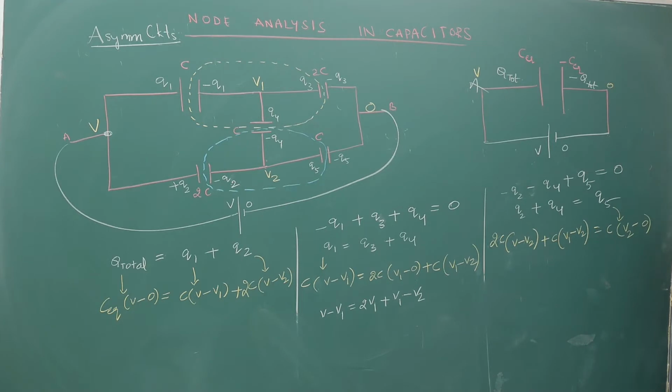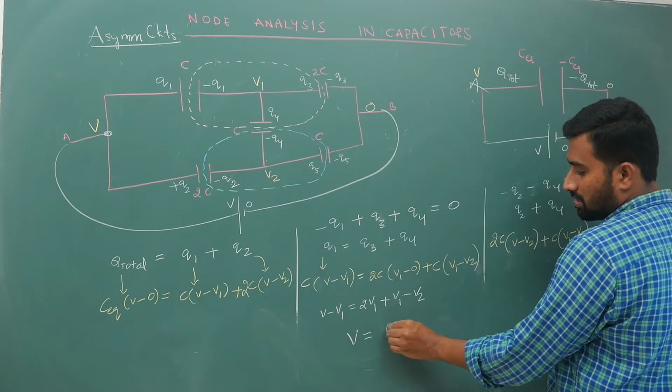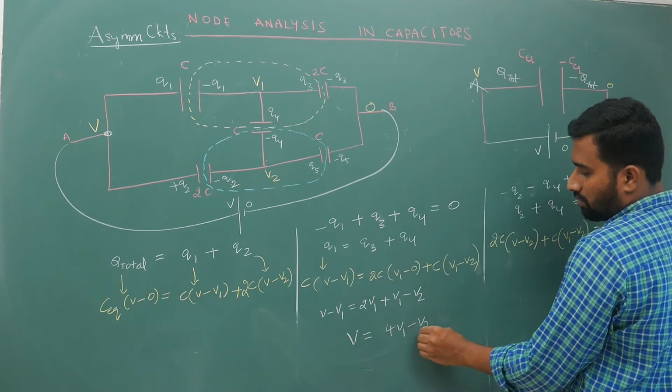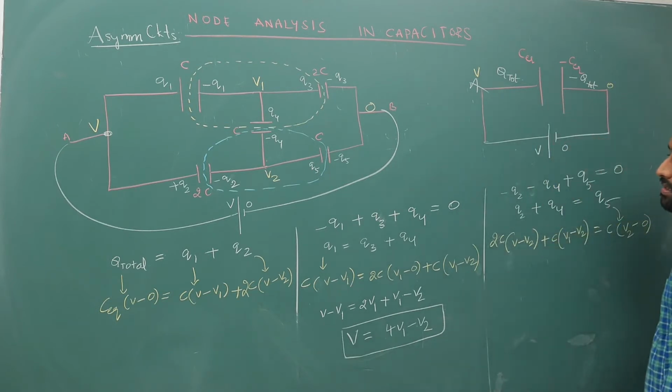So V minus V1 is equal to 2V1 plus V1 minus V2. So V is 2 plus 1 is 3, 3 plus 1 is 4V1 minus V2. Check my calculation properly. Hope nothing is going wrong. Everything is clear.